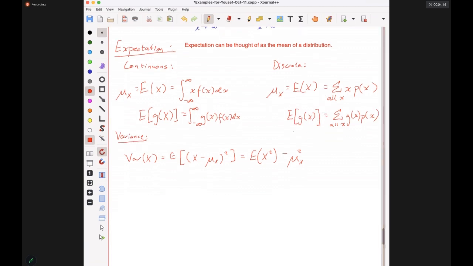And so that allows us to then write this expectation, the expectation of x minus mu squared, in terms of either the integral here or the summation of g of x times p of x. Does that make sense? Okay.